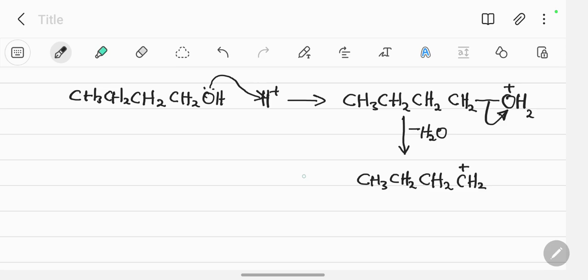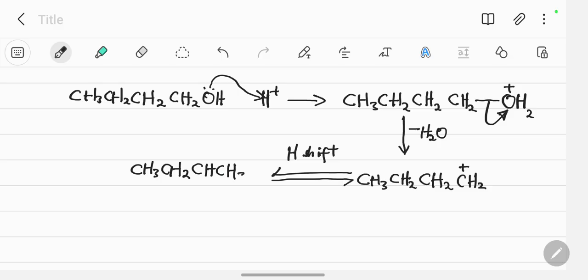Then, what makes it unique is that there is a hydrogen shift. After the hydrogen shift, we get CH3CH2CH+CH3, like that.